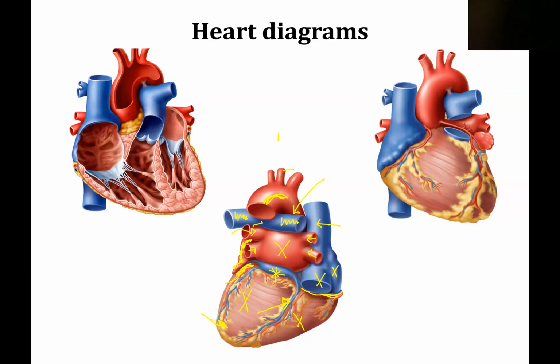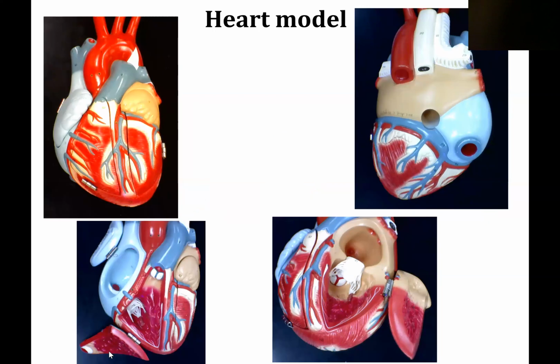In addition to diagrams, you also have photographs of models. This is called the Heart of America model, anterior, posterior view, and then some internal views.